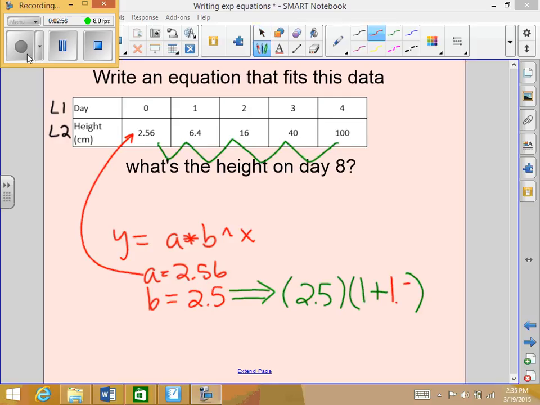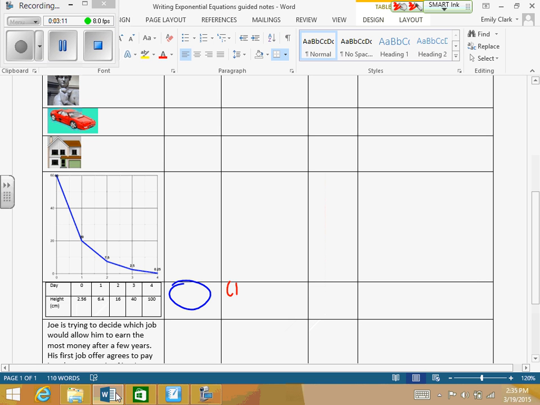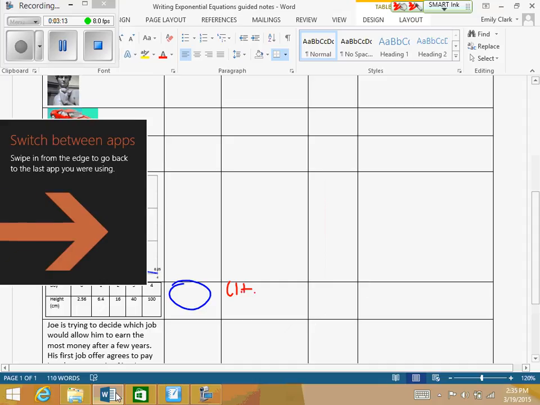And the answer to that is 1.5. So what this means is this is a 150% increase. So 1 plus 1.5 or 2.5.